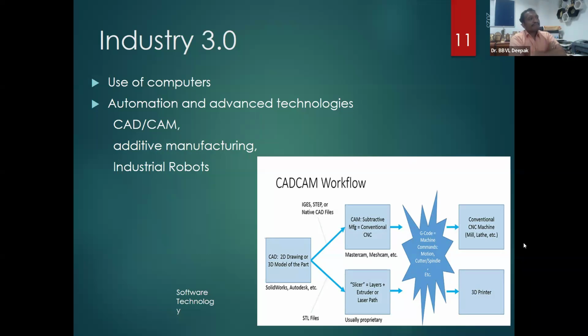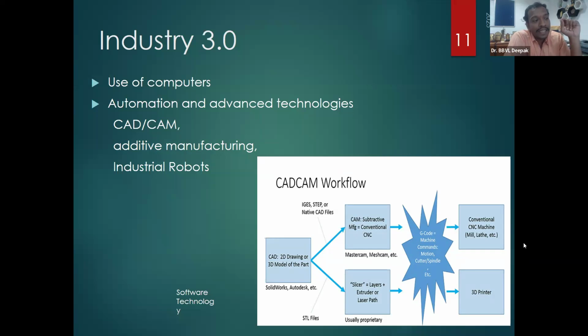So from industry 3.0 onwards, actual advancement takes place. Just like you see how the computers are integrated in the industry. Initially there is a drawing or design, which is also in a computer environment, called computer aided design. This design gives us 2D views and 3D views.